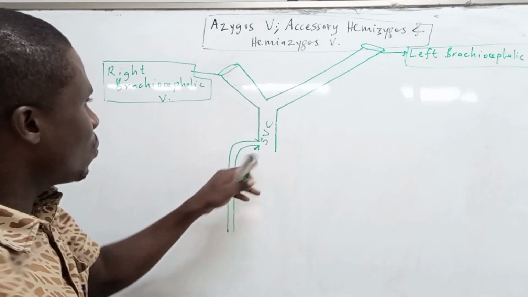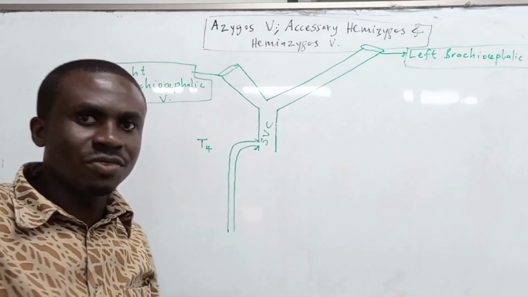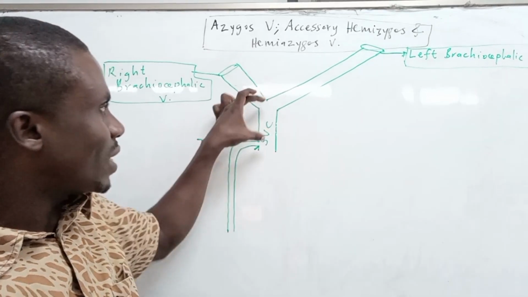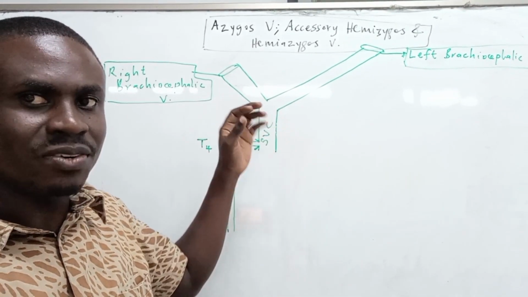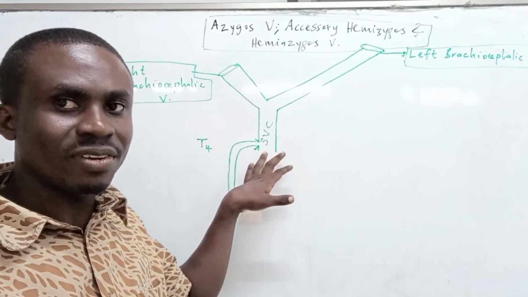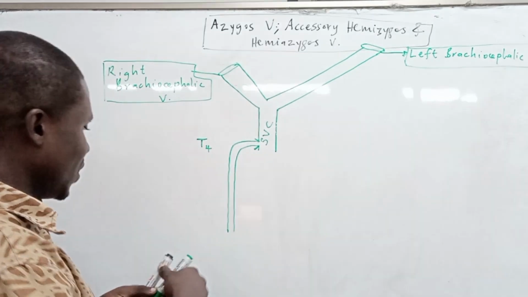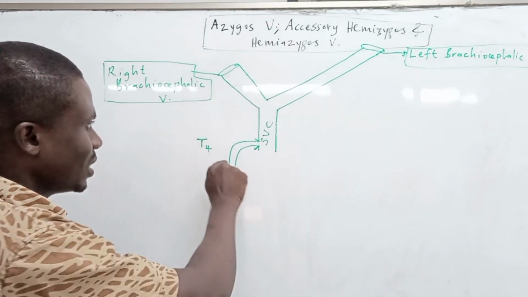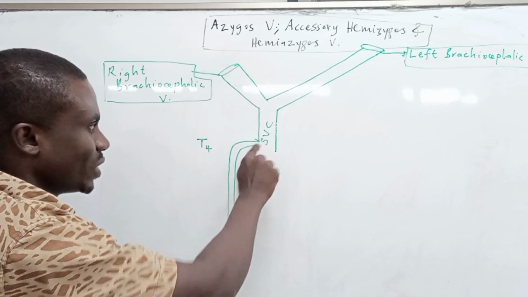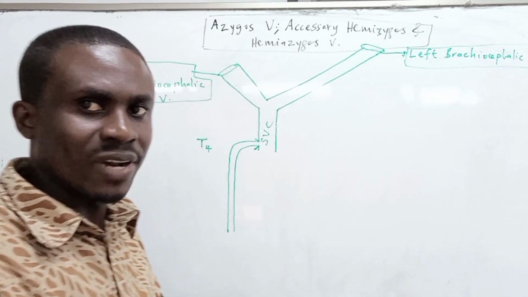The superior vena cava is formed behind rib number 1 on the right side and ends at rib number 3. But at that same level, at T4, we see the Azygos vein on the right side draining into the superior vena cava.